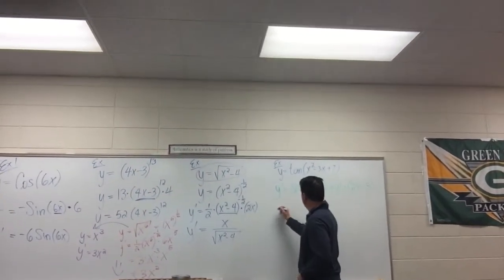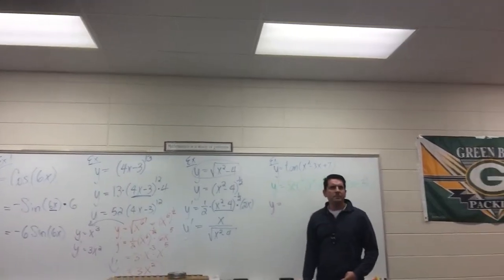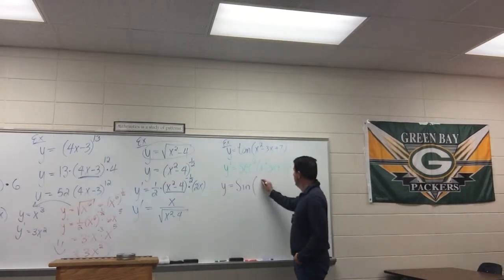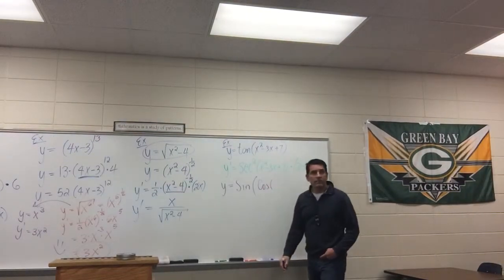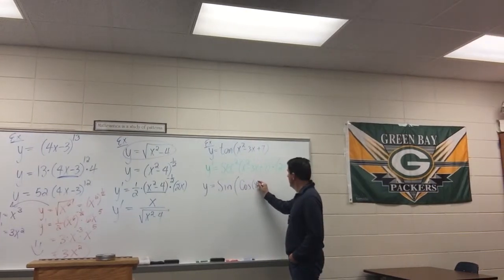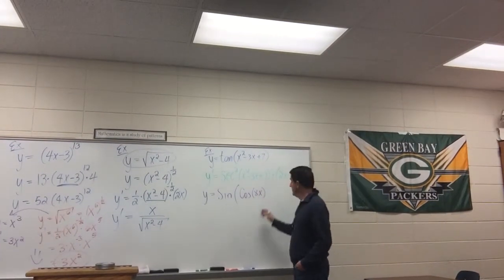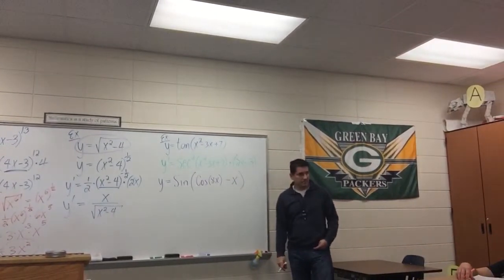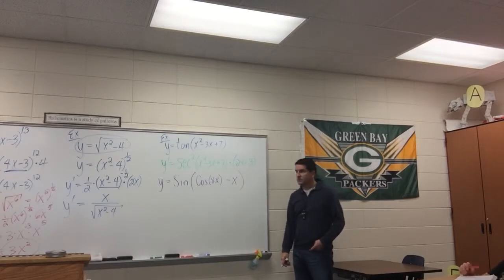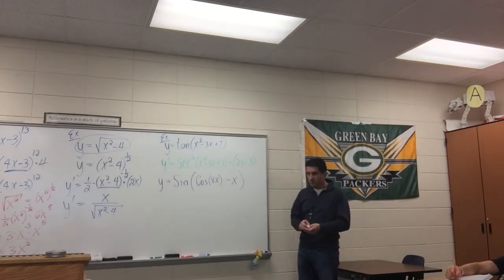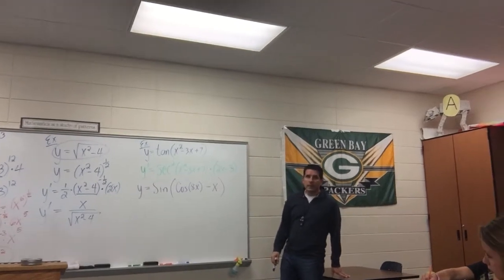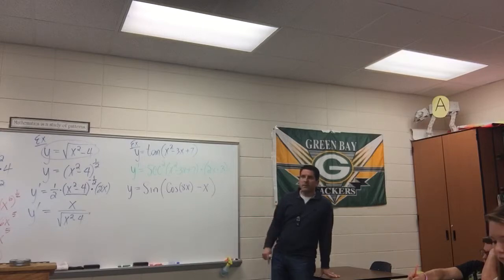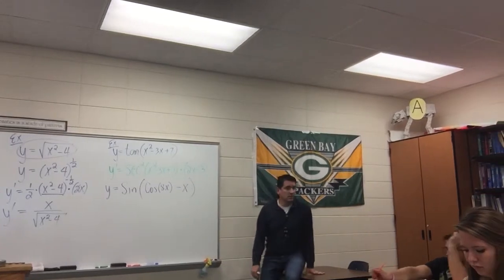So y is equal to the sine of the cosine of 8x minus x. If you do this right, that means you really understand it because you got to do something special for this one.